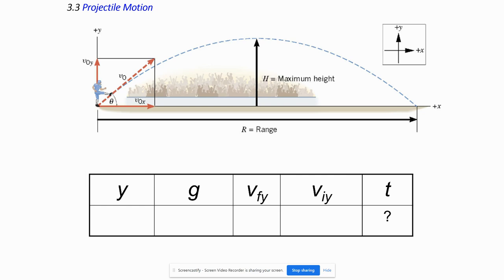Now we're going to look at all the vertical stuff. There are a couple of different ways to do this.